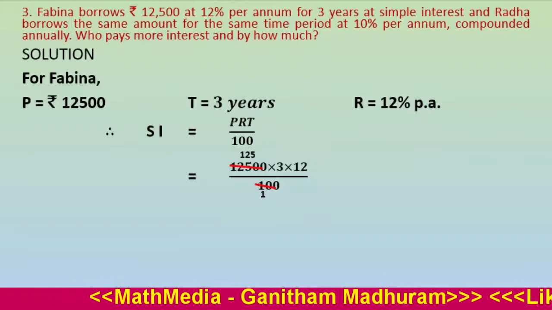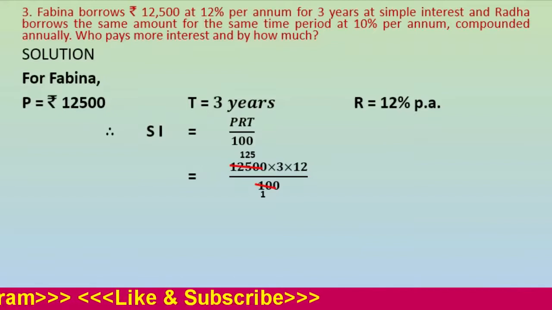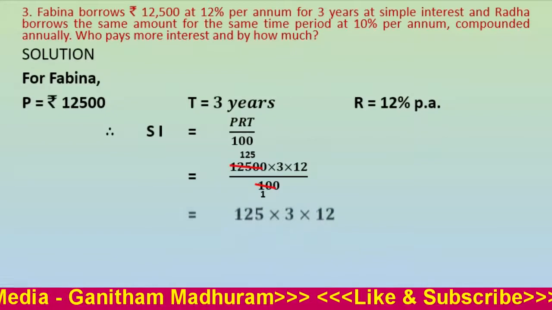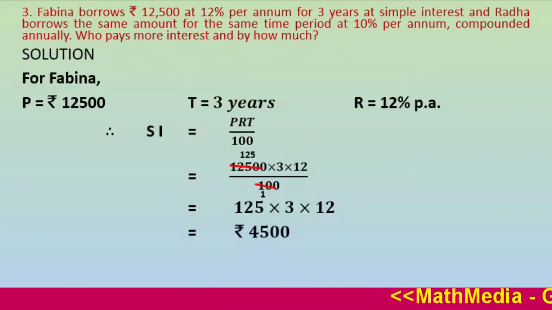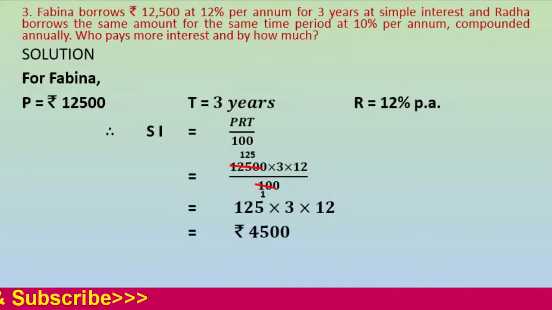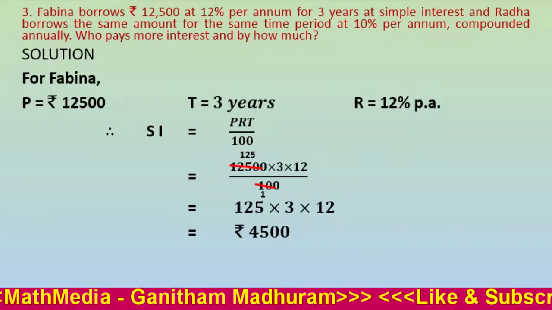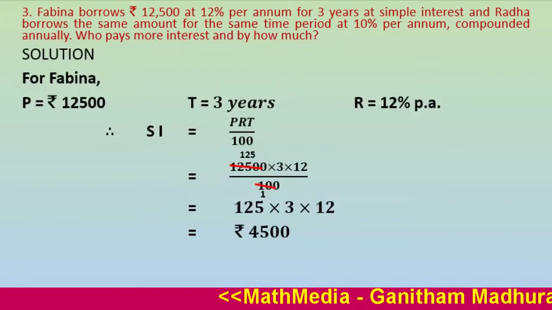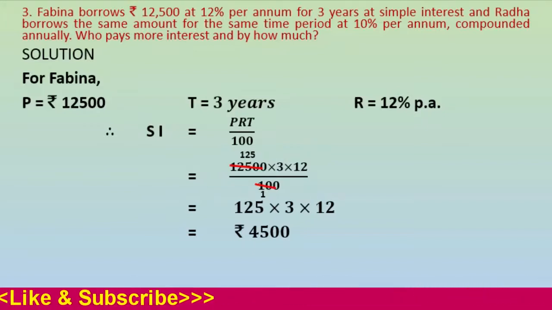After cancelling, we get the numerator as 125 and denominator as 1. While multiplying 125 into 3 into 12, we get the answer as rupees 4,500. So the interest paid by Fabina is rupees 4,500.